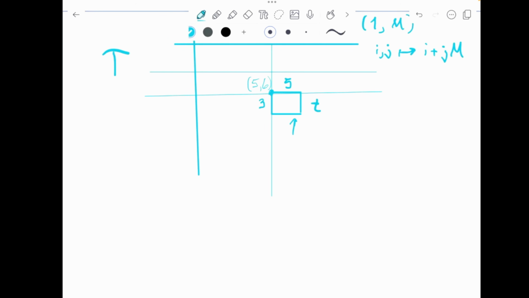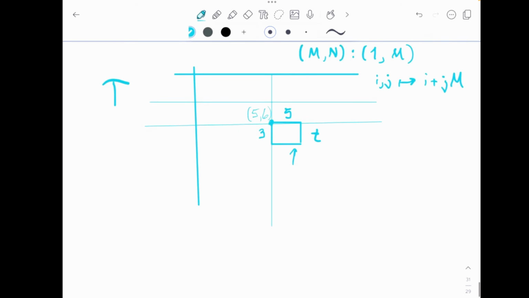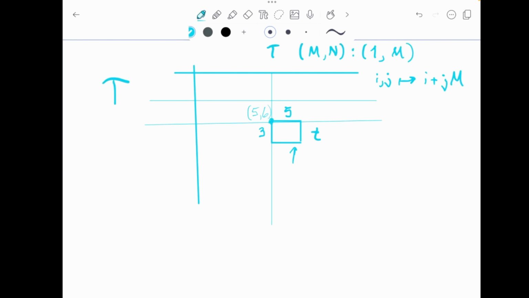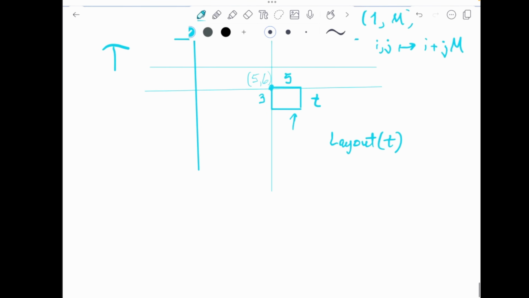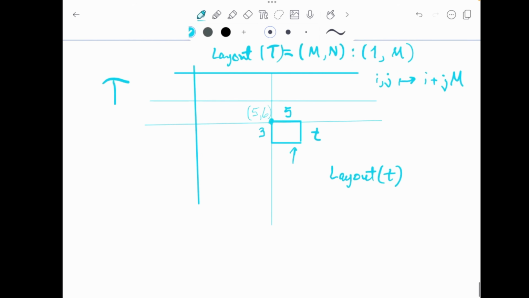Okay, so we saw that this is the layout of T. Now, what is the layout of little t? That's what I want to get to. Well, by definition, I've told you that the shape of little t is 3, comma 5, right? So it's like this smaller version of capital T. But what is its stride? That is a question that I want to focus on.